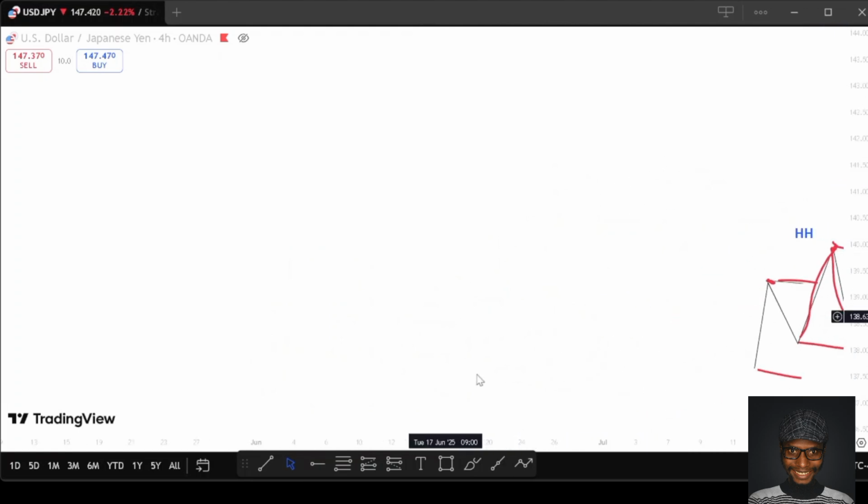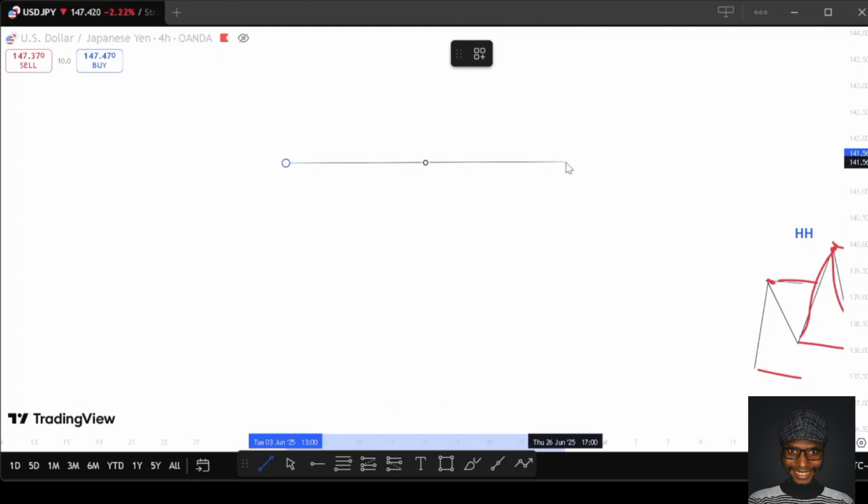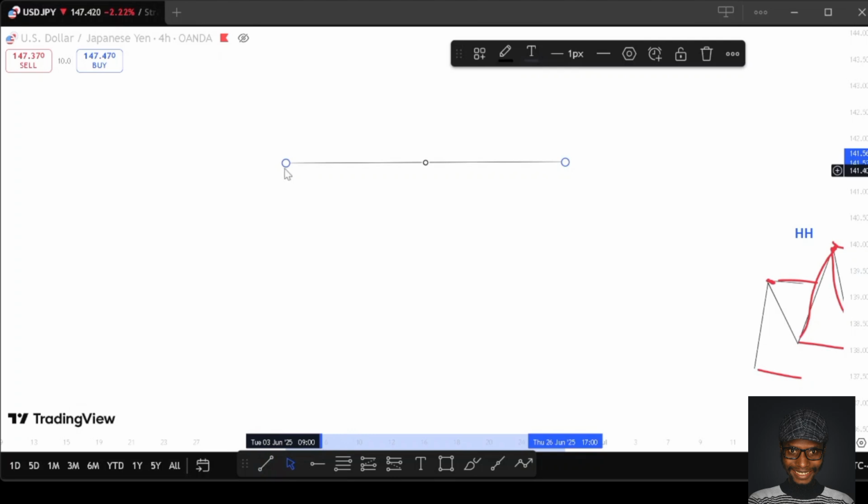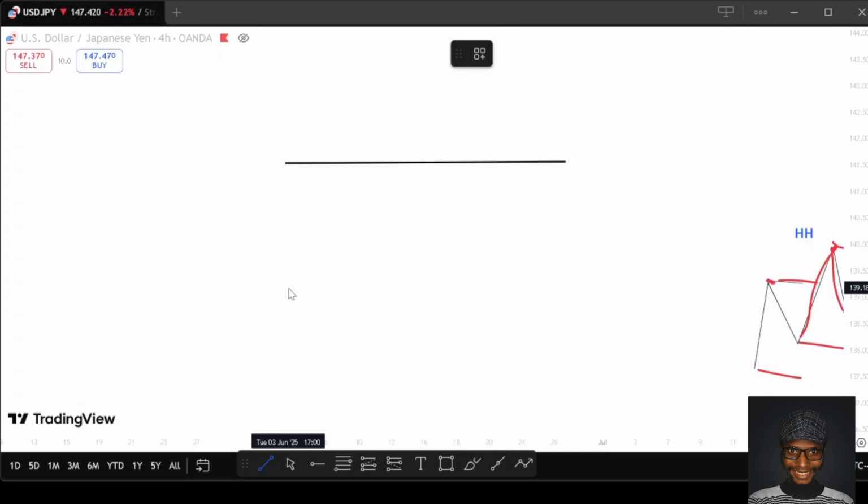Remember, sideways is where price is stuck in between support and resistance. Let me give an example first. This is our support, this is our resistance. The upper one is our resistance, and here is our support.